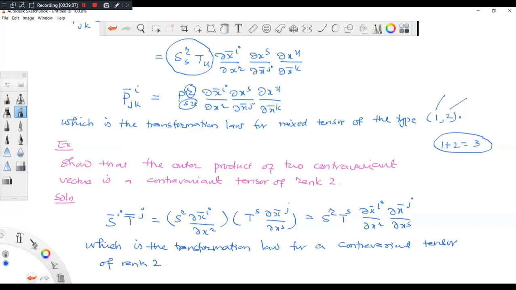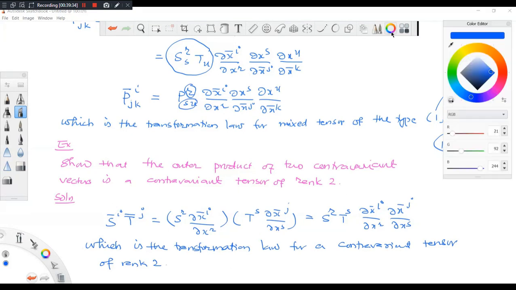Sir, here contravariant will multiply with contravariant component, means it will multiply with contravariant component only? If we have a mixed tensor with one contravariant, will it multiply only with contravariant, or will it also multiply with covariant vectors? See, what's the meaning of this? Suppose you have a contravariant vector. Look here, this is a contravariant vector.